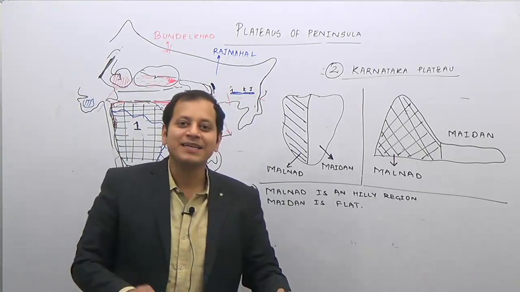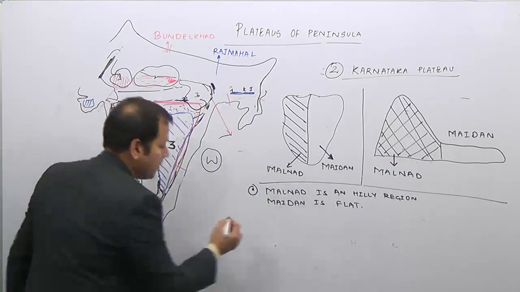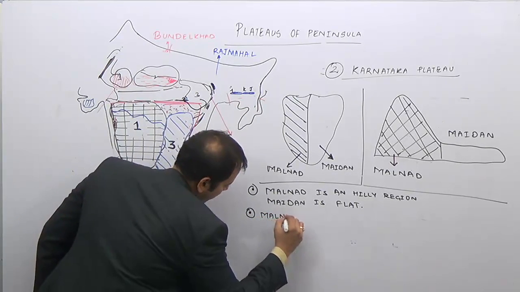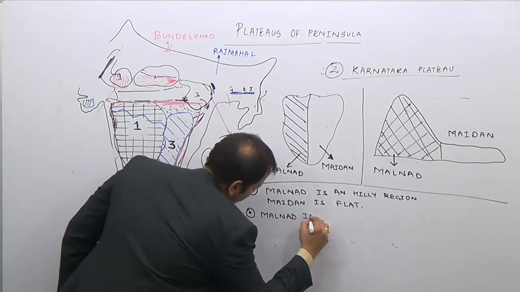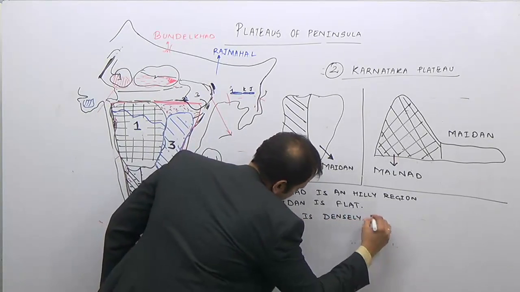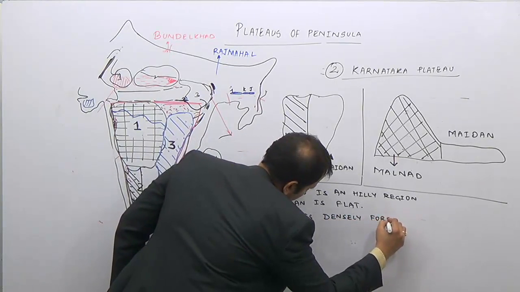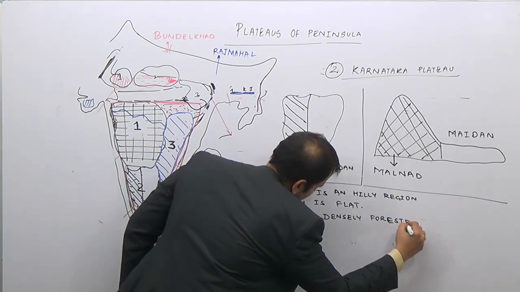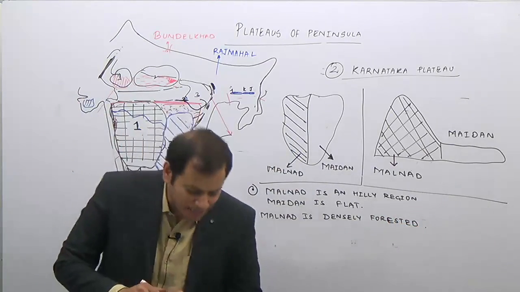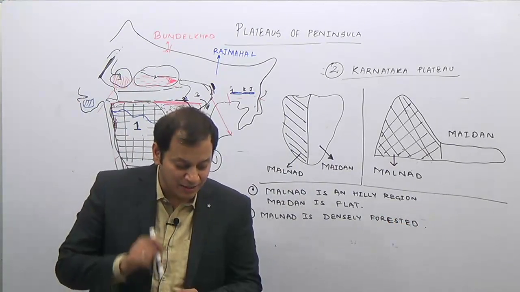Obviously, it will be densely forested. So remember, the Malnad is densely forested, while the Maidan is not that densely forested.